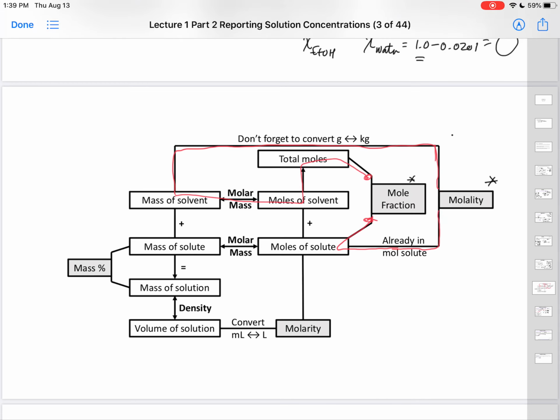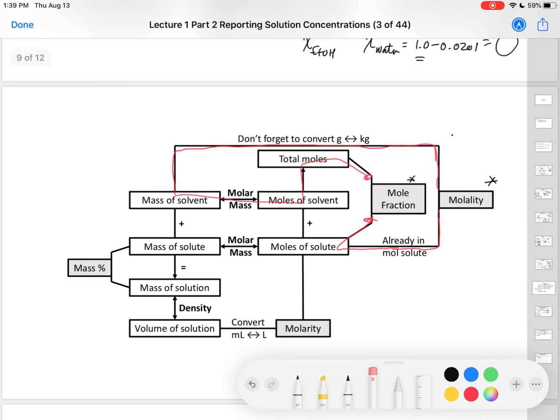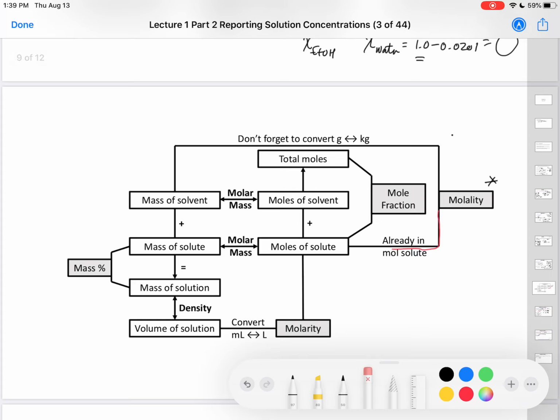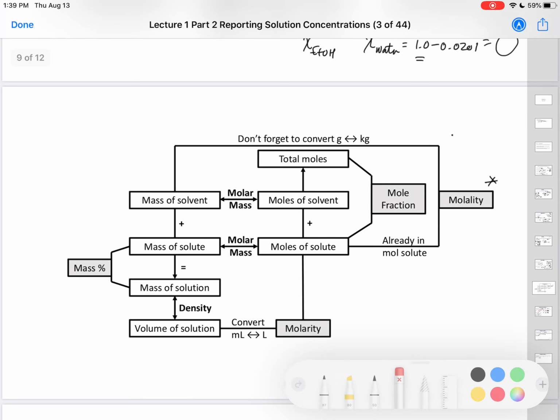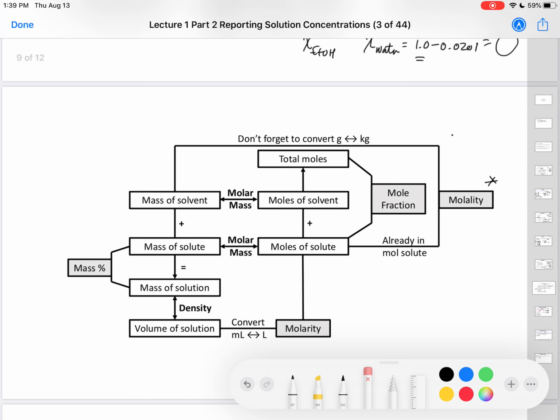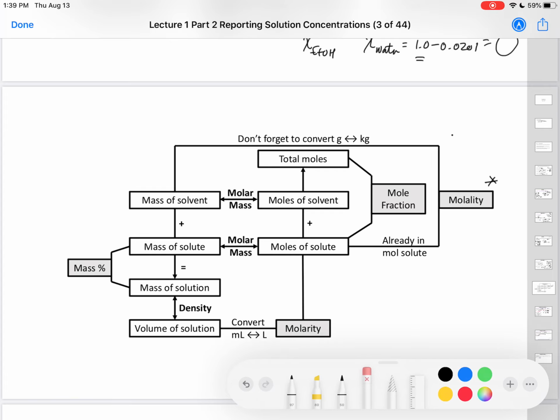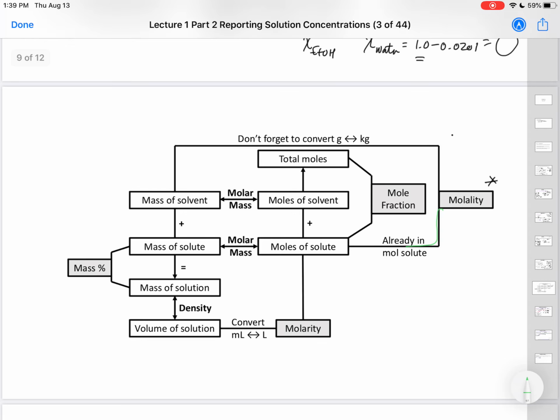We have molality, and we would like to go to molarity. Okay, so let's erase this red that I drew before. Okay, in this particular case, we have the molality, so we already have the moles of solute, so that's good.